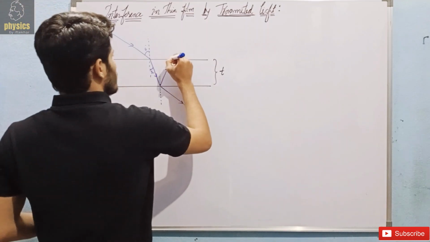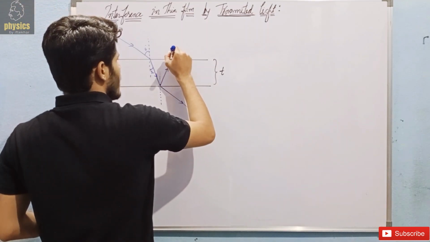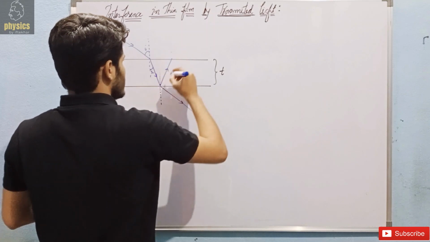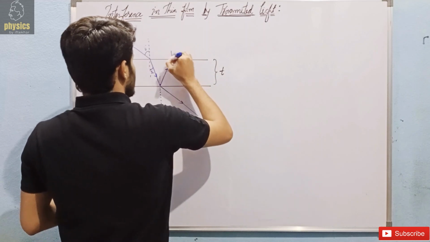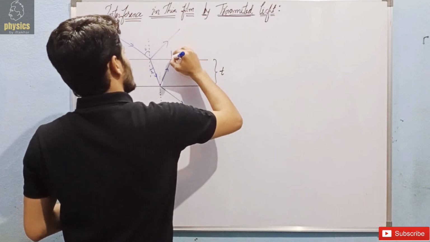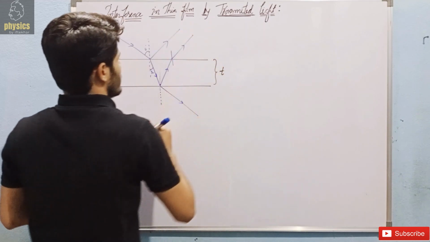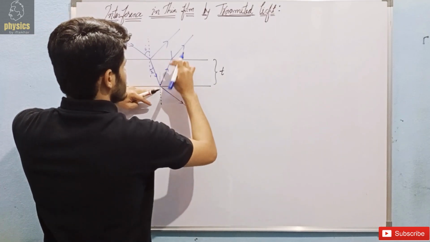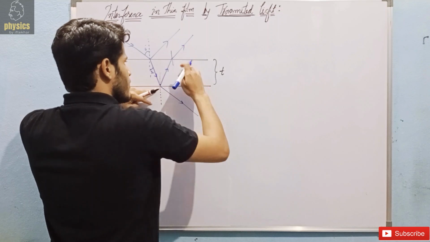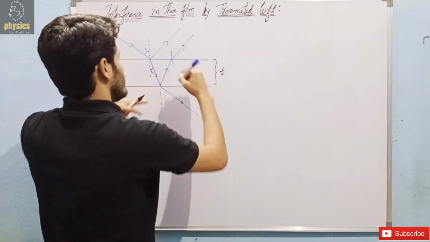The same transmission and reflection will happen at this point. Here also the reflected ray will come, and part of this reflected ray from the bottom surface will again suffer a reflection from the top surface of the thin film.